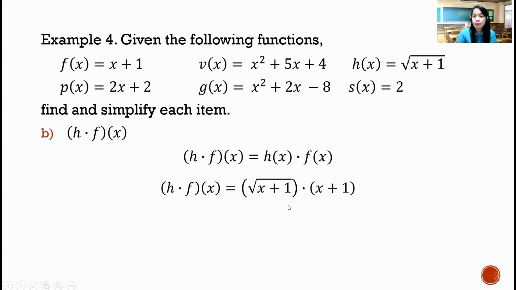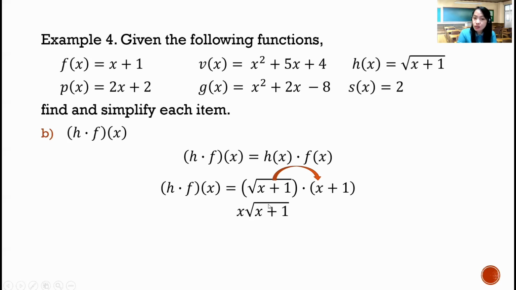Next is to simplify by multiplying each term of the first function to the terms of the second function. So, magiging siyang, this one, square root of the quantity x plus 1 will be multiplied to x. Since, again, we consider this one as one term, so magiging lang siyang x times the square root of the quantity x plus 1.